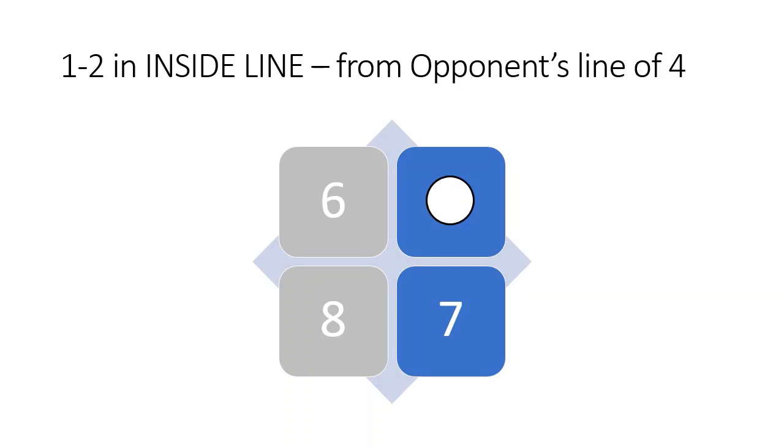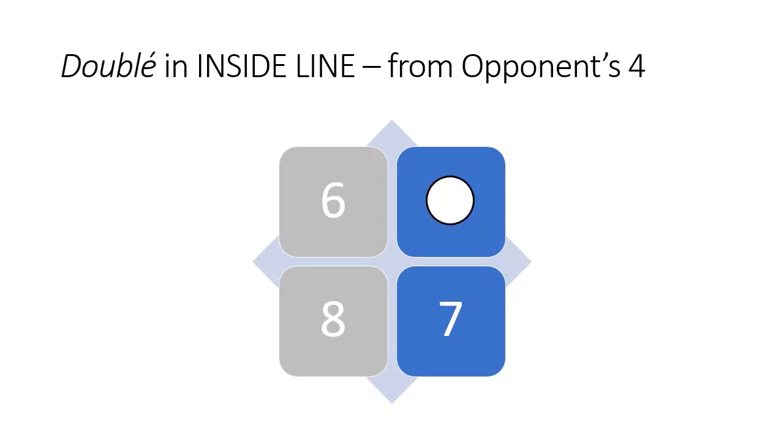The 1-2 in the inside line from the opponent's line of 4 involves a vertical disengage into the low line and another to return to the high line. The double in the inside line from the opponent's line of 4 begins with the vertical disengage again, and then the double.